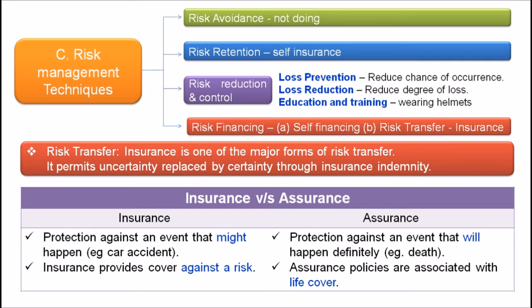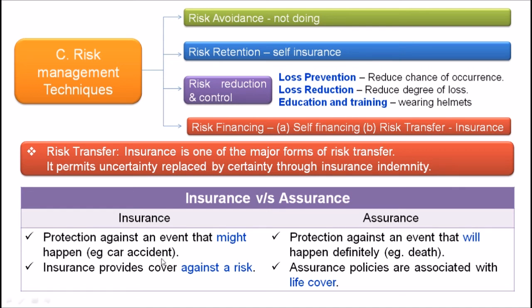But if I take 100 people, what is the chance of death? Yes friends, 100%. All have to die at a certain point. That means assurance is protection given against an event that will happen definitely. That is death. So this is the difference between insurance and assurance. Insurance is given for an incident that may happen, whereas assurance is given for what is definitely going to happen.